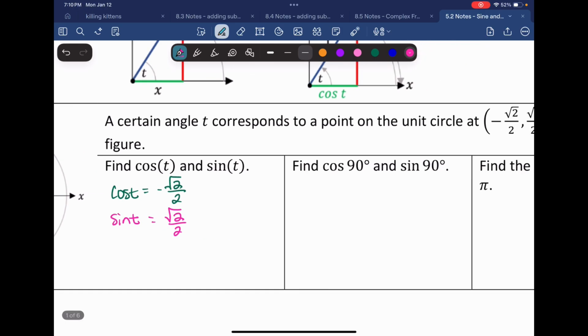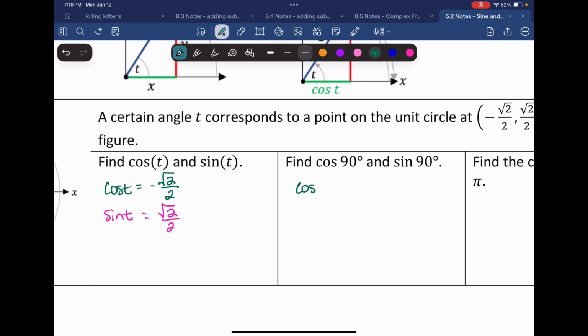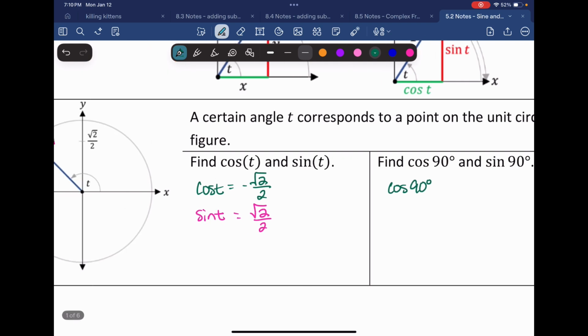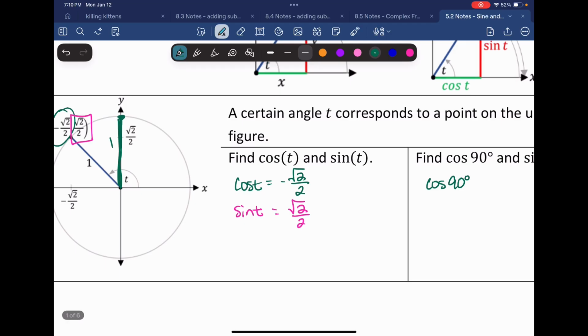All right, let's talk about cosine of 90 and sine of 90. Cosine 90 degrees. All right, I need you to remember that this is a unit circle, so the radius is 1. That means this measure from here to there, all that is 1. Well, that's on an axis.